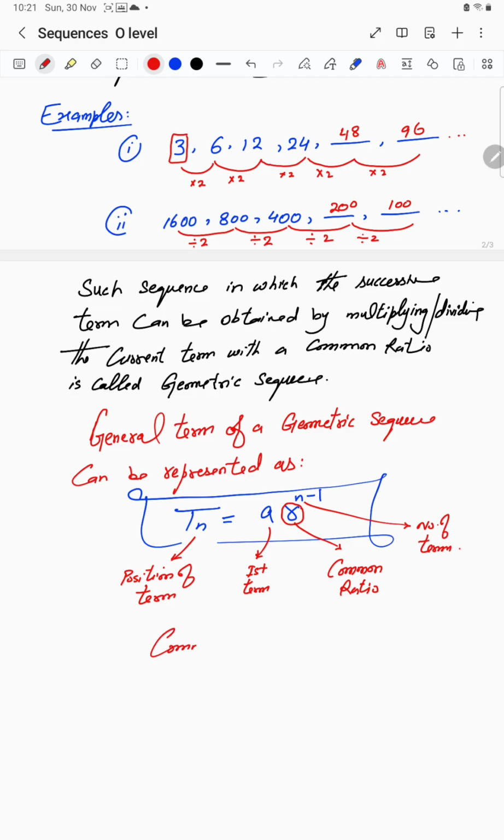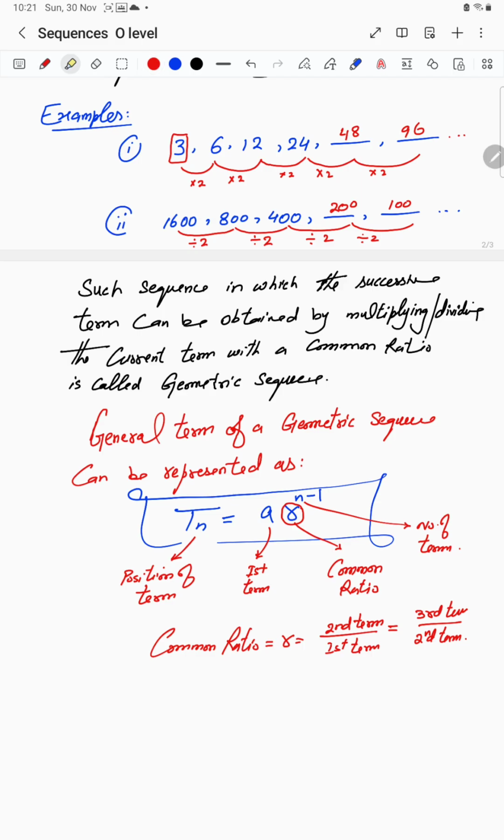The common ratio r is the second term divided by the first term, or it can be the third term divided by the second term. It will remain the same, right? Because the common ratio is constant throughout the pattern.